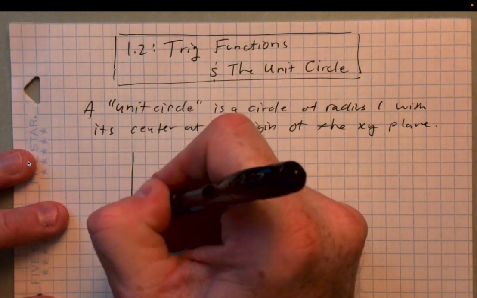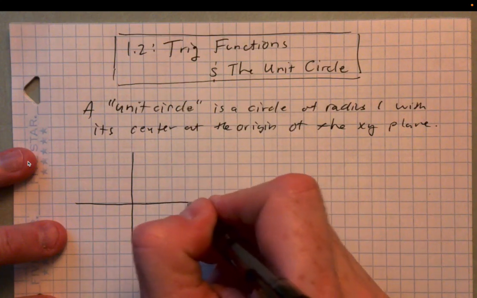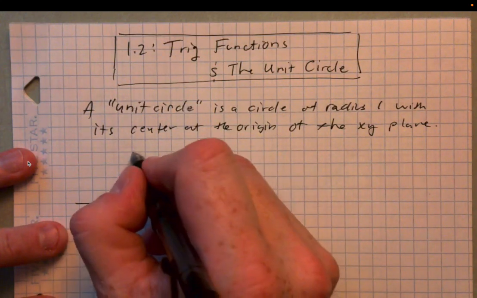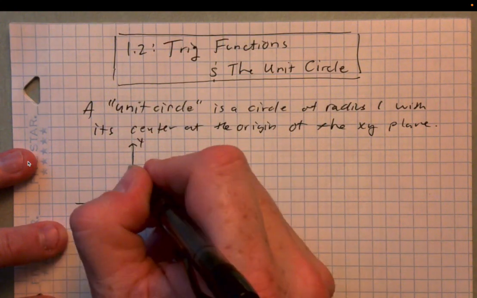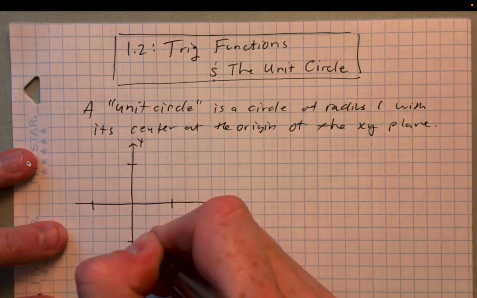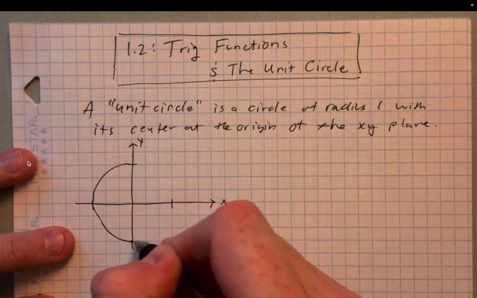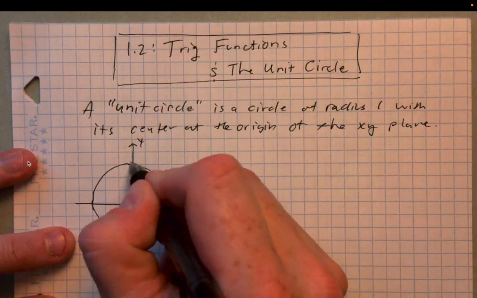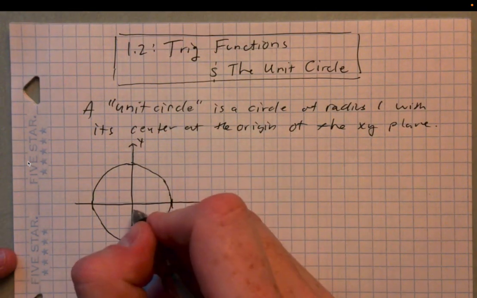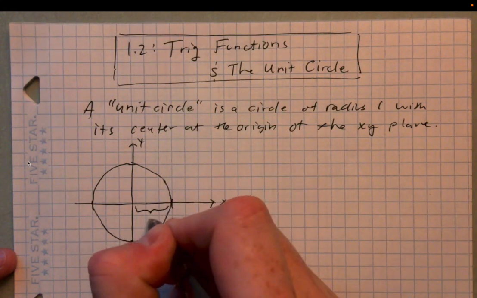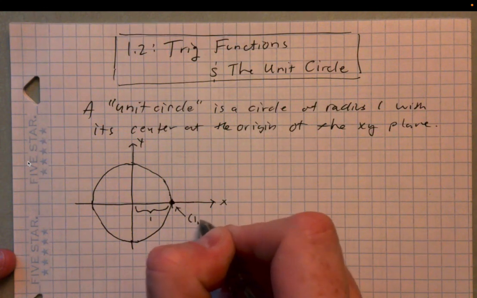If I were to draw that, you can imagine this is the xy plane here. I'll put x here, and I'll put y here. Let's say that that's 1, that's -1, that's 1, and that's -1. And so we can just draw a circle here, at the origin on the plane. We know that the radius is 1, which means that this point here is (1, 0).